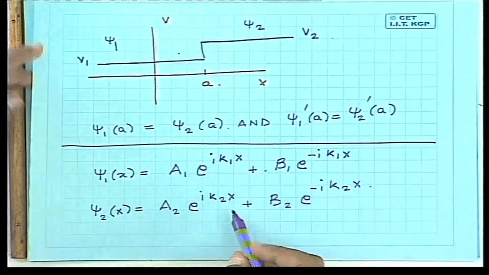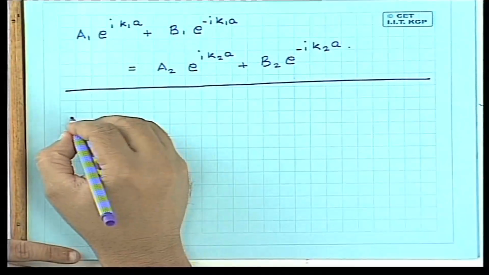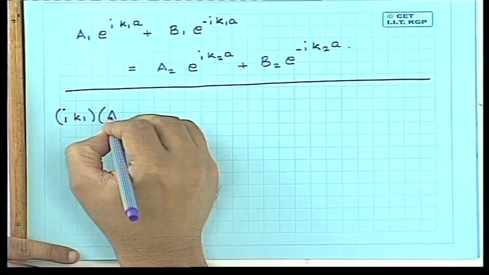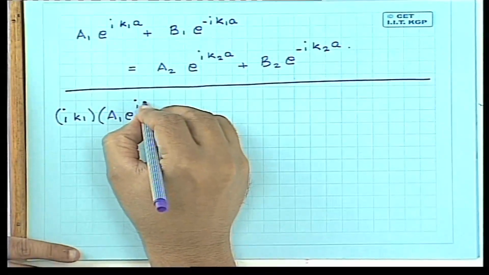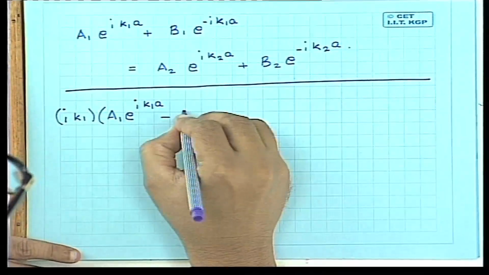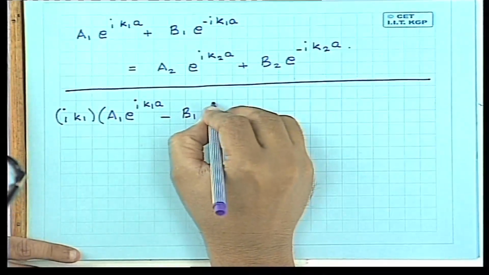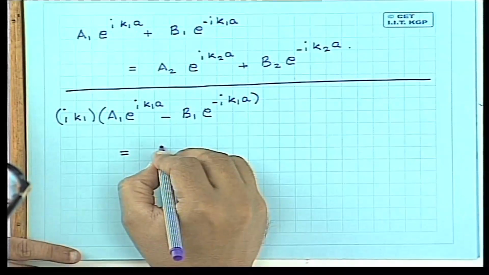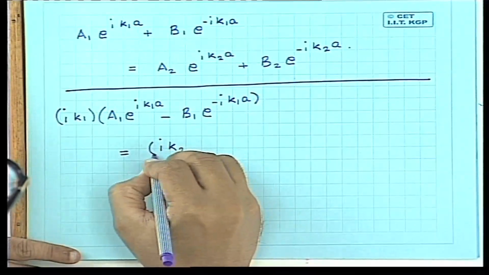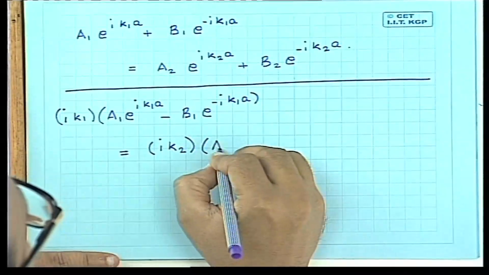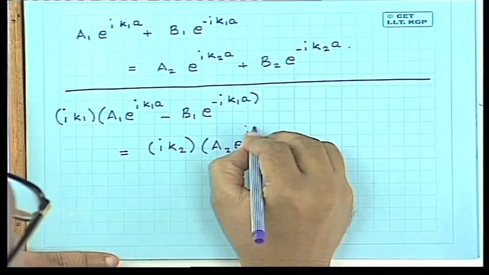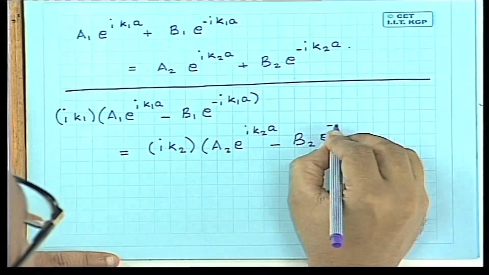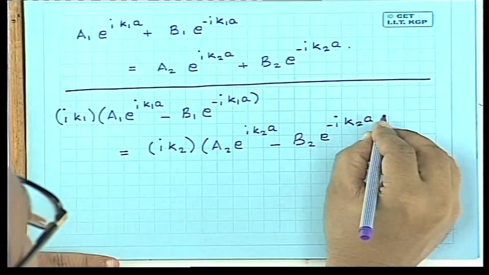So if I match the two derivatives, then the relation which I get is i k1 times a1 e to the power i k1 a minus b1 e to the power minus i k1 a is equal to i k2 times a2 e to the power i k2 a minus b2 e to the power minus i k2 a.